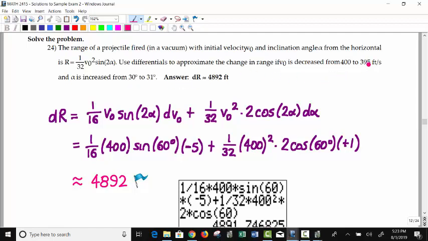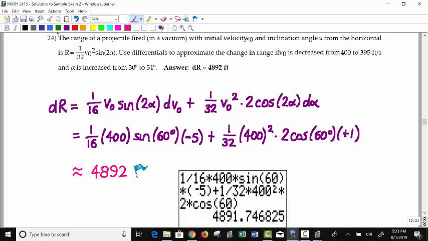Now we need to know the finishing values to come up with our differential changes in X and Y, in this case V0 and alpha. V0 is going from 400 to 395, so that's where the negative 5 is coming from. That's your dV0. Alpha is going from 30 to 31. That's a +1. So that's where these two numbers are coming from.